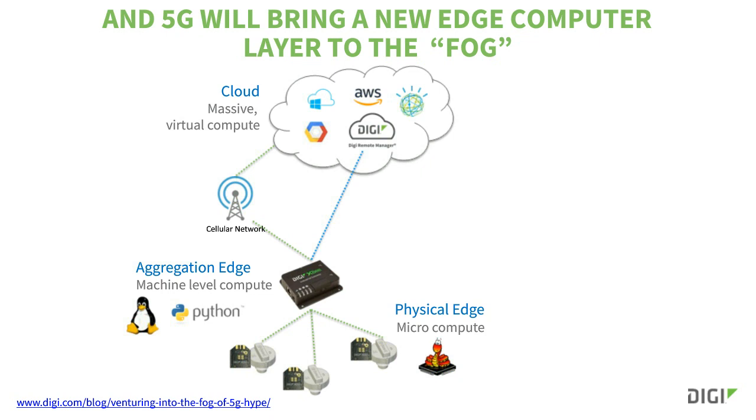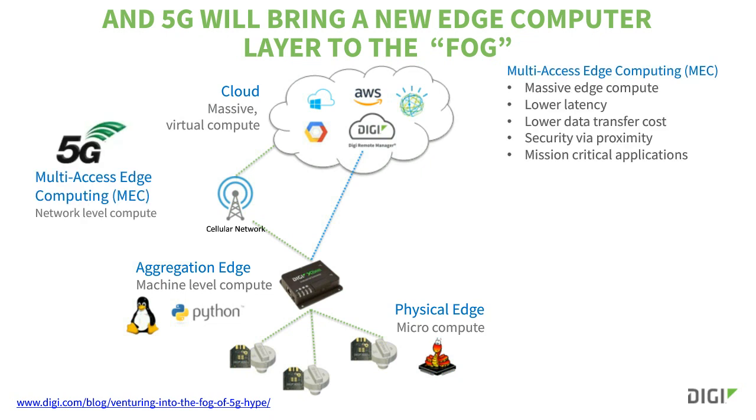And everything that we build today has partitioned compute capabilities in it so that we can do everything from simple protocol translations to business logic at the appropriate level. One of the things we see is that when 5G deploys, there's going to be a multi-axis edge computing layer that's going to deploy. And it's going to be a pretty massive layer of compute capabilities because of the speed and the density of the network.